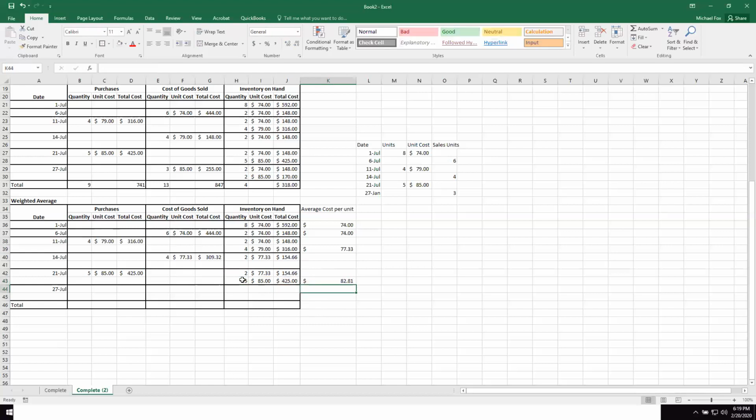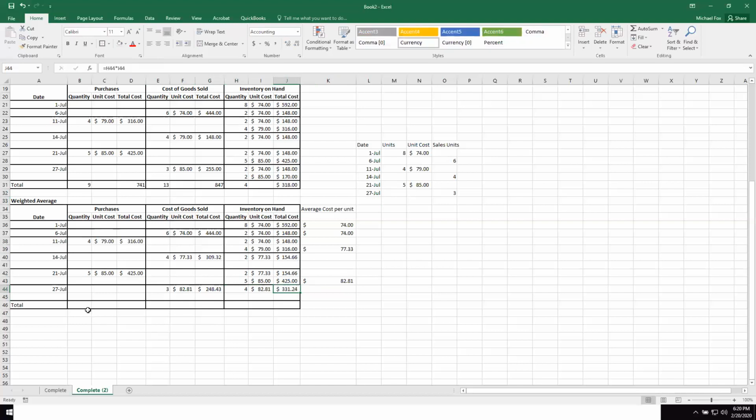And now that's the new average cost we'll apply the next time we make a sale. So on July 27th, we sell 3 units at our average cost of $82.81. We had 7, so now we're going to have 4 units remaining at an average cost of $82.81.